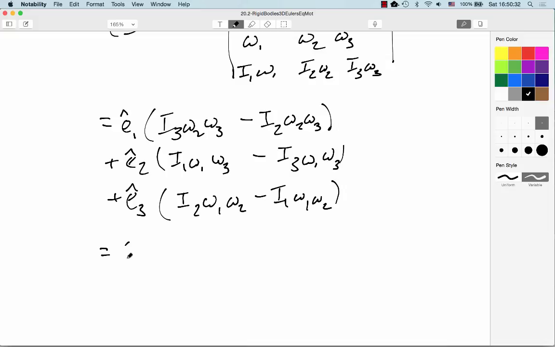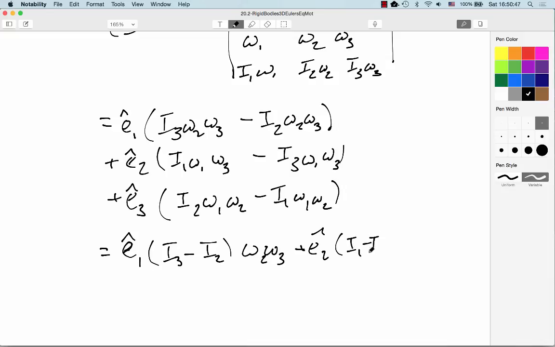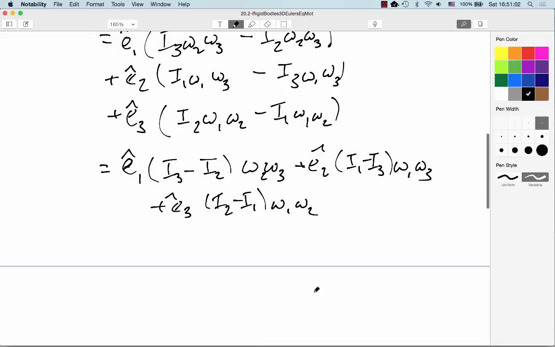We can rewrite that as E1 times (I3 minus I2) omega 2 omega 3, plus E2 times (I1 minus I3) omega 1 omega 3, plus E3 times (I2 minus I1) omega 1 omega 2.